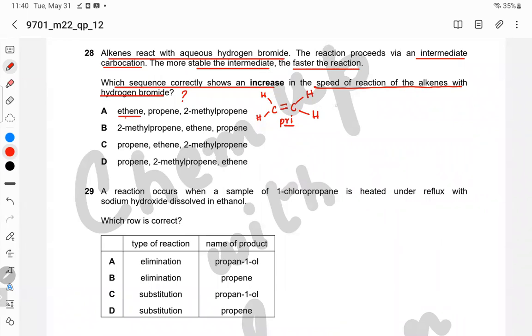Now, if we talk about propene, propene is CH3, then CH, then double bond CH2.